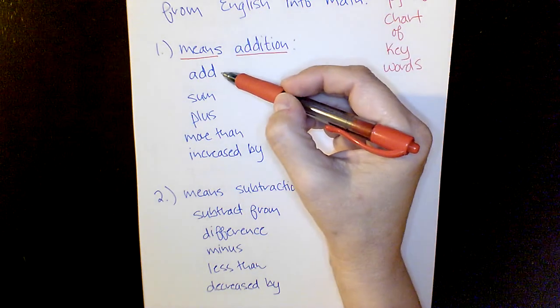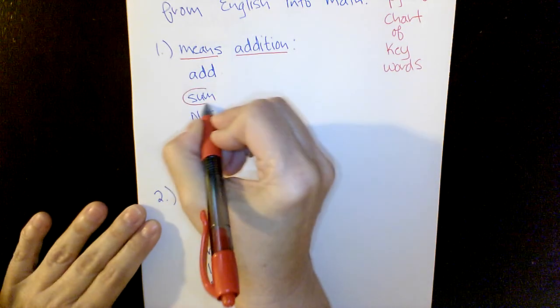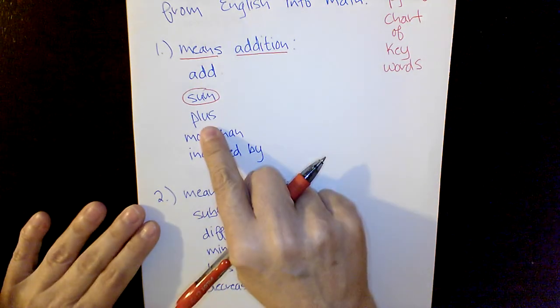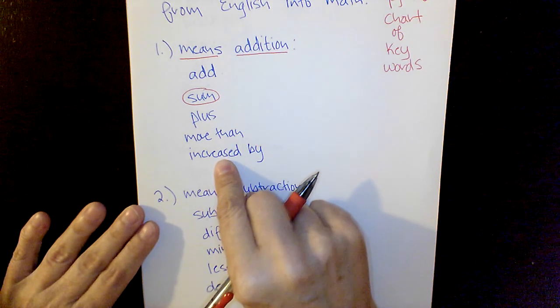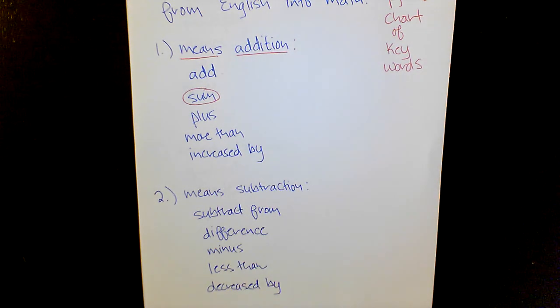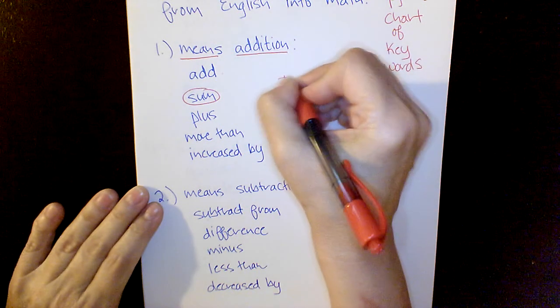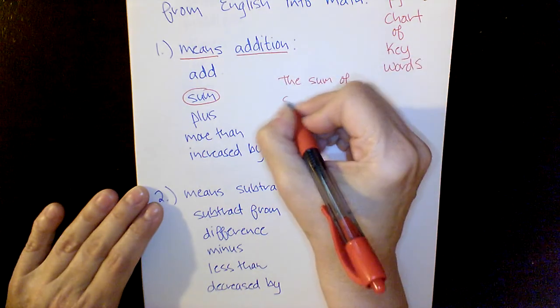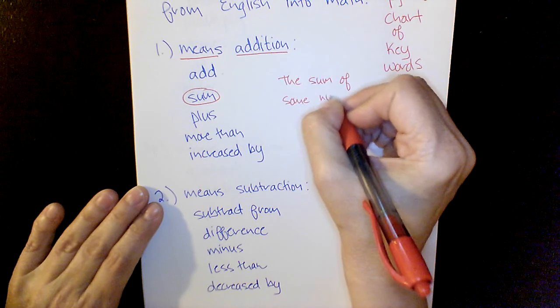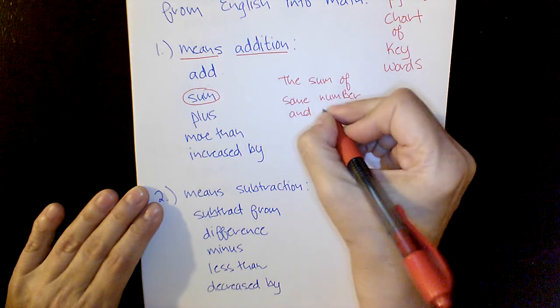If you see the word add, sum is the big one, plus, more than, or increased by, it means you're going to add. An example might be the sum of some number and 7.